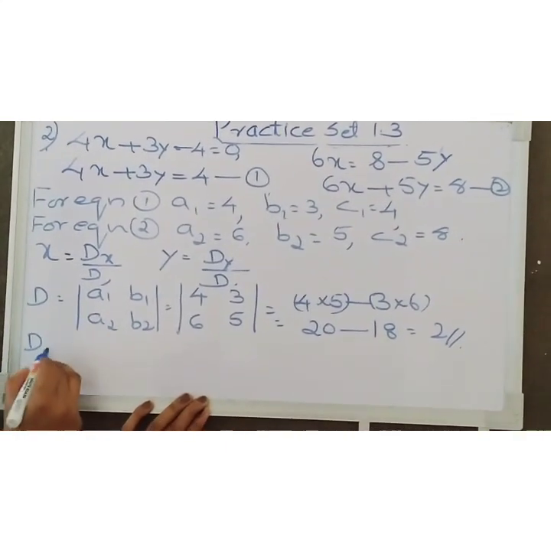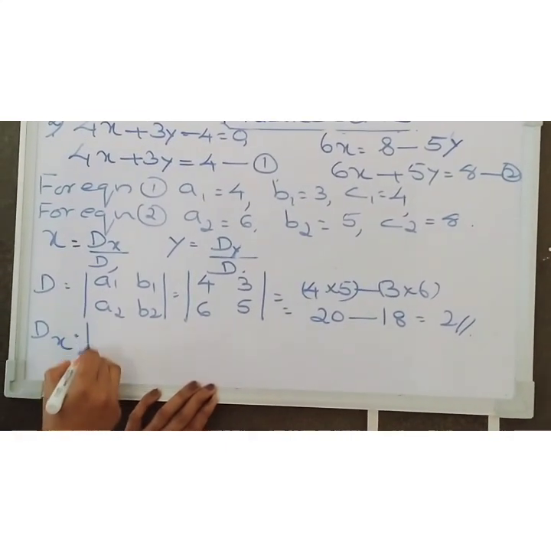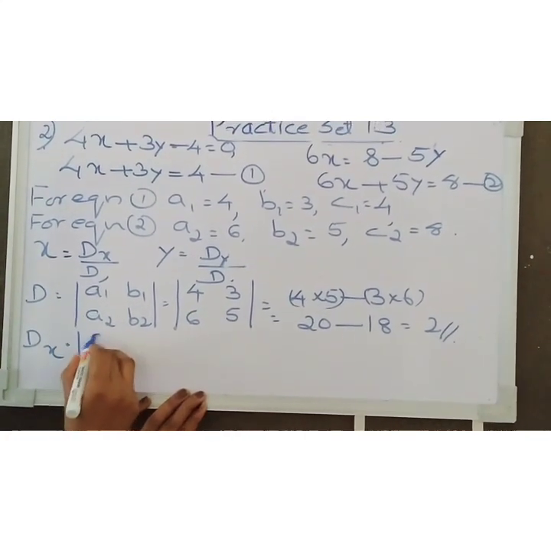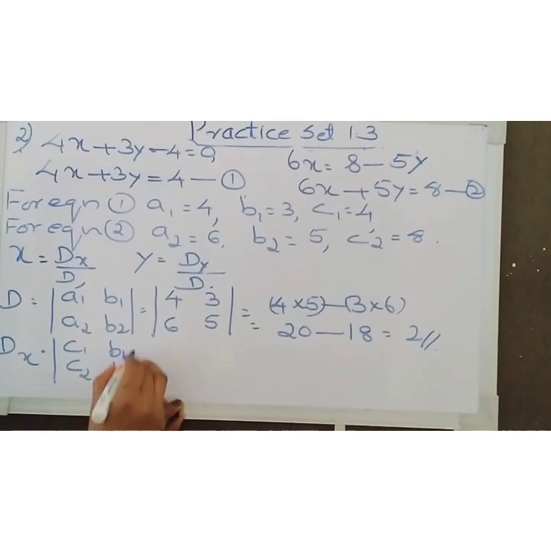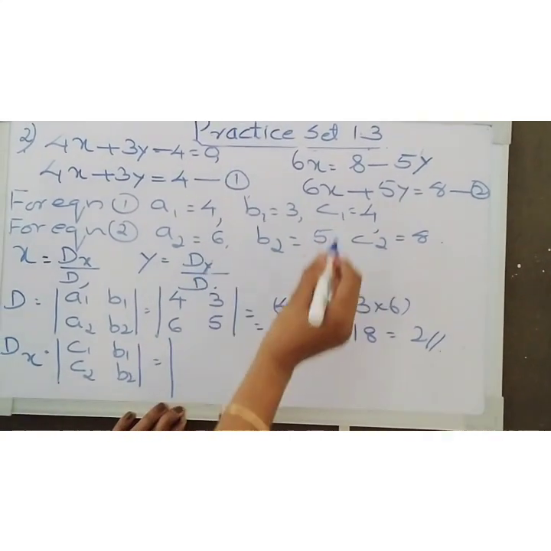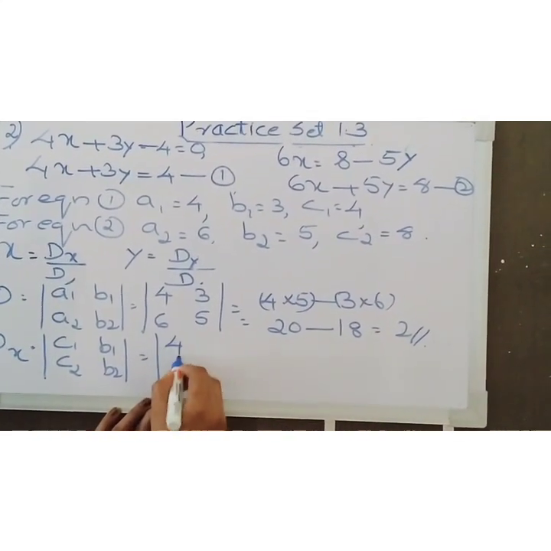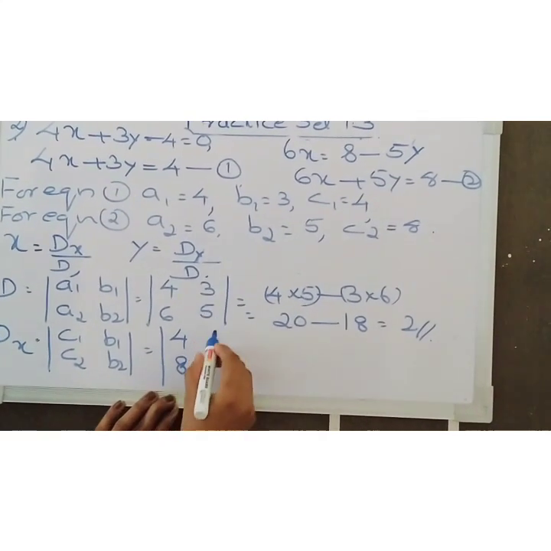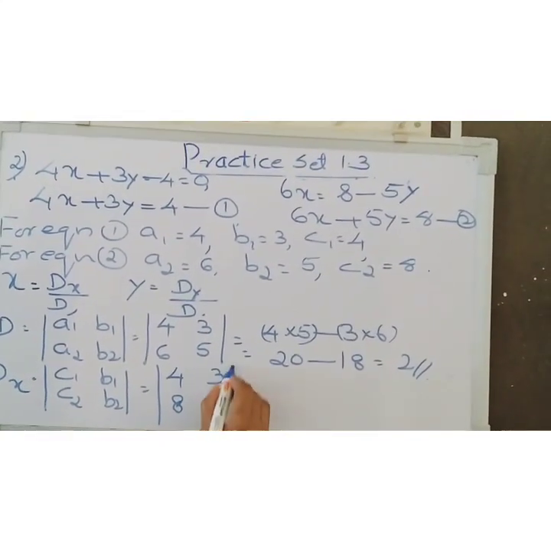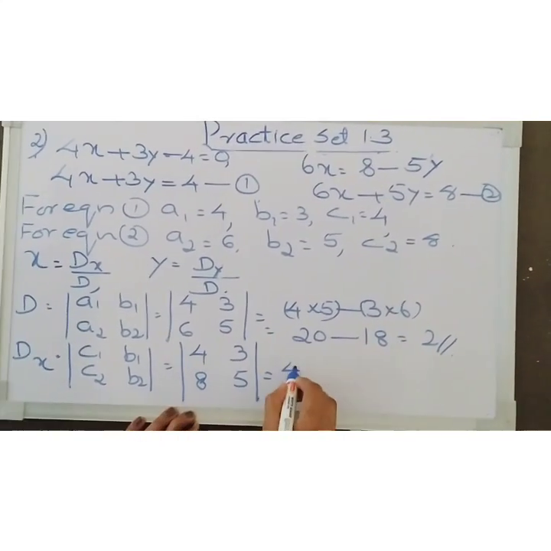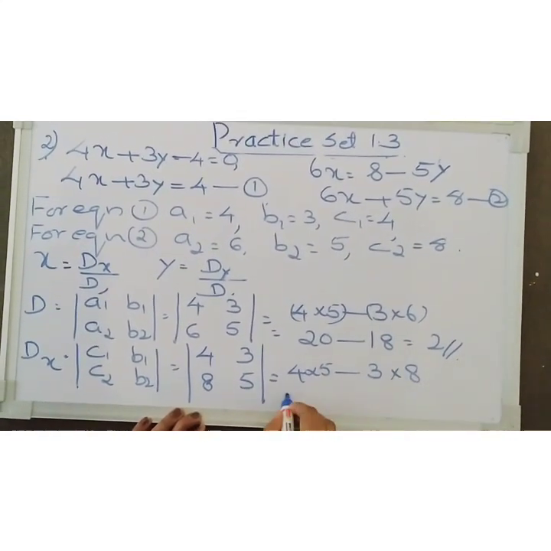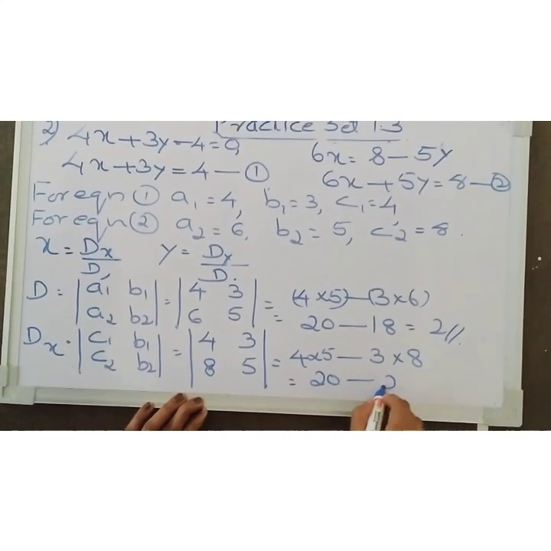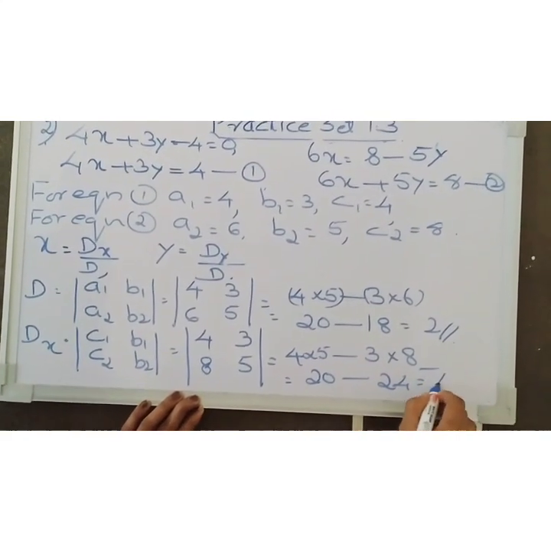And next, dx is equal to the determinant of c1 c2 and b1 b2. Determinant of c1 c2 is 4 8 and b1 b2 is 3 5. 4 into 5 minus 3 into 8. 20 minus 24 is negative 4.